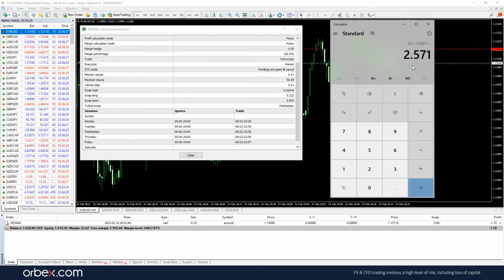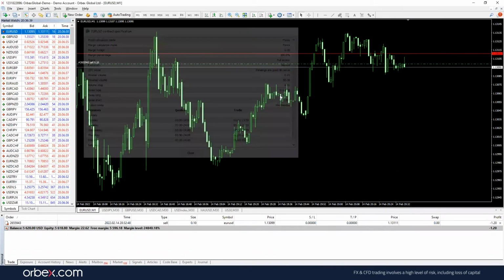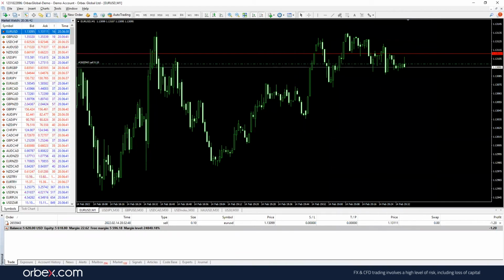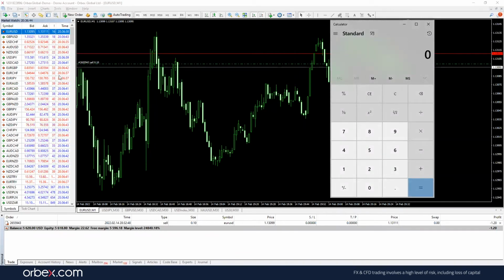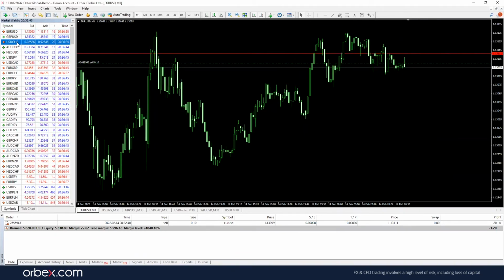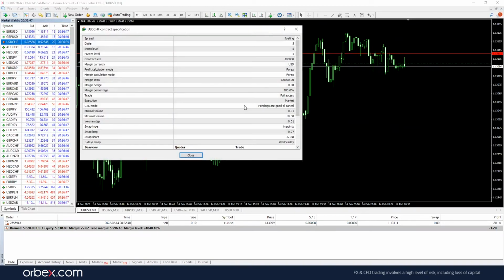So for 3 days, we'll be charged $2.5 in swaps for overnight fees on the MT4 on your open trade, and this can be applied with any currency. You just have to see the specifications.